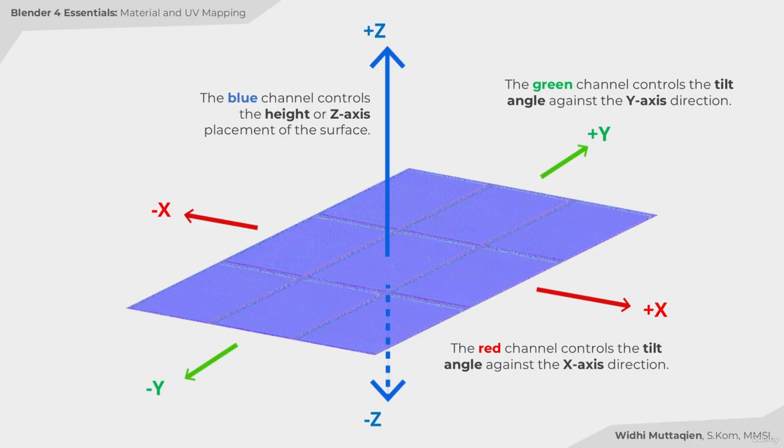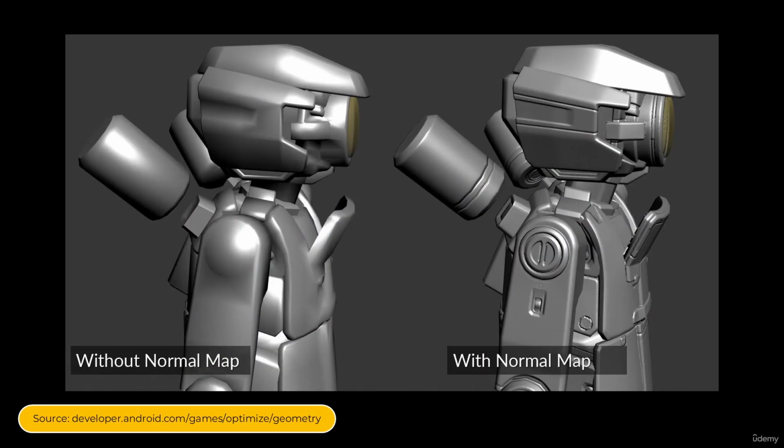So in short, a pixel can have height information controlled by the blue channel, and also tilting information controlled by the red and green channels. This is why normal maps can deliver more believable bump effects compared to classic 1-channel bump maps. With normal maps, a surface or an object can look way more sophisticated than its original geometry. Alright?